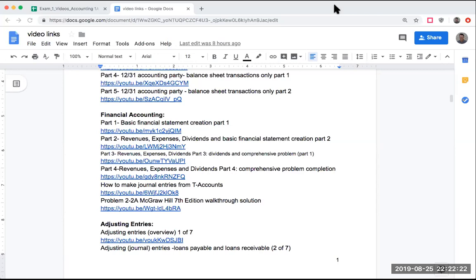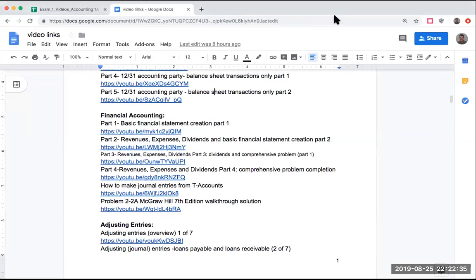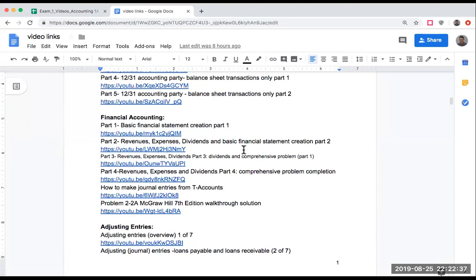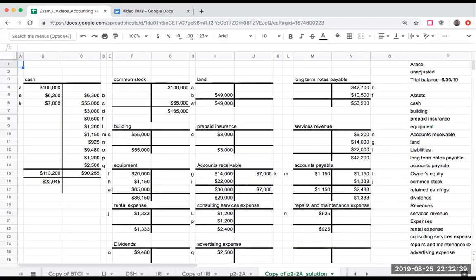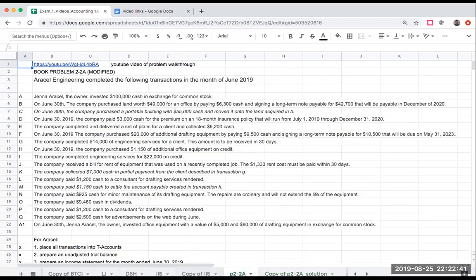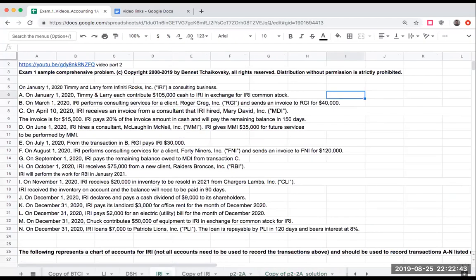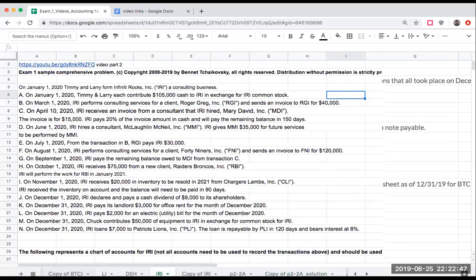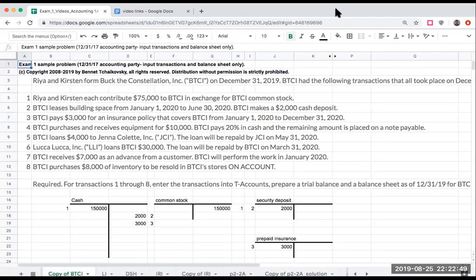So the best thing to do is be over rather than underprepared. If you can do this problem 2A, this IRI problem, you understand how to record balance sheet transactions.